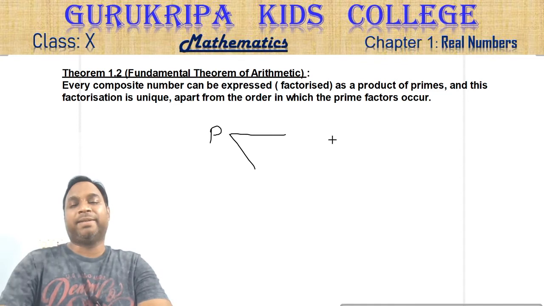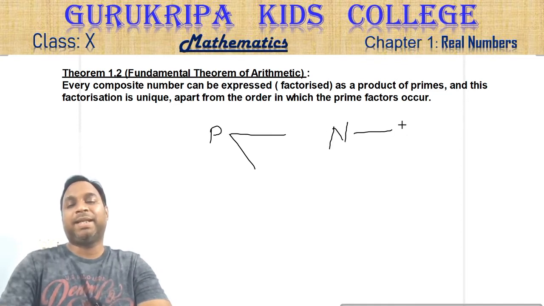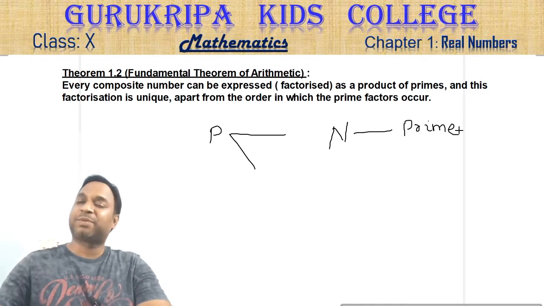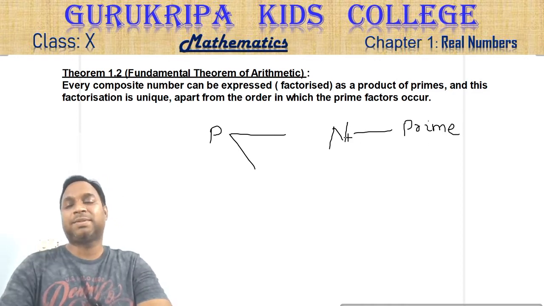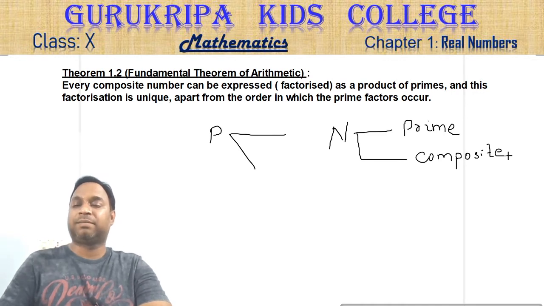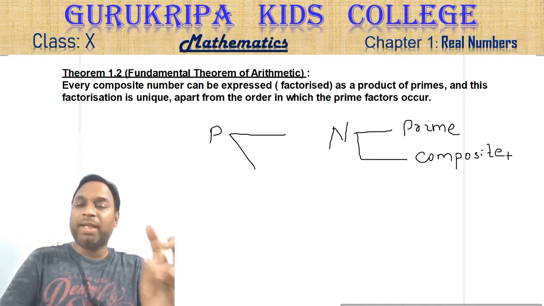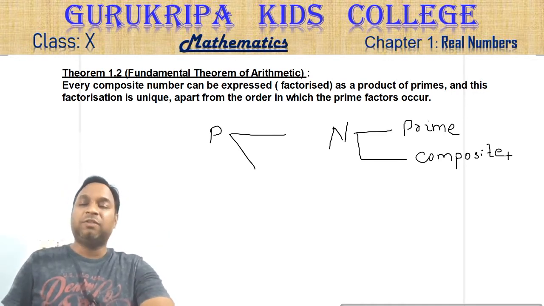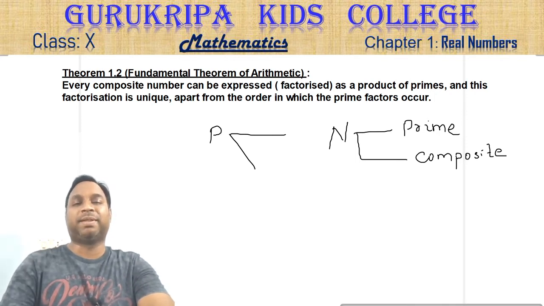If it is composite, there is one unique prime factorization of that number. There is one unique prime factorization of every composite number.